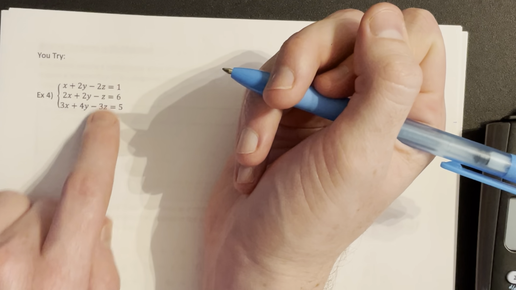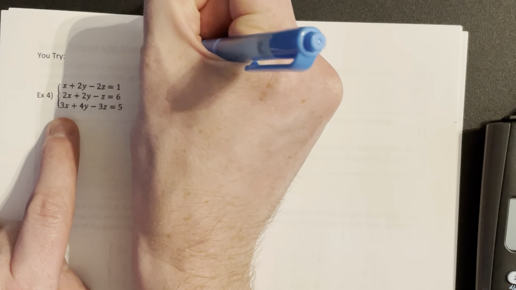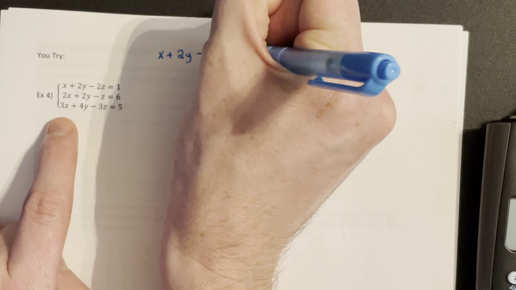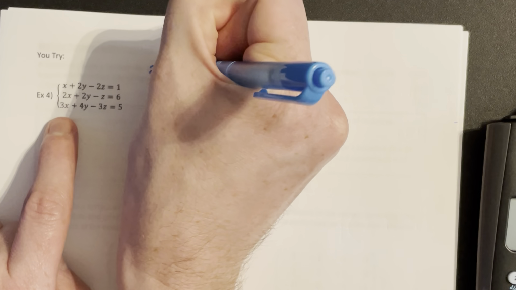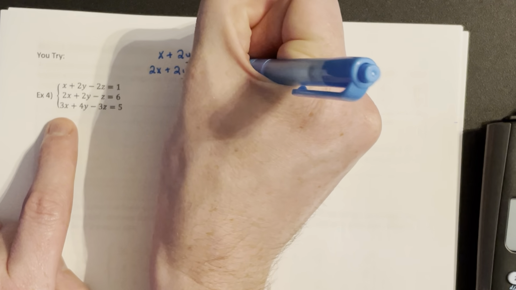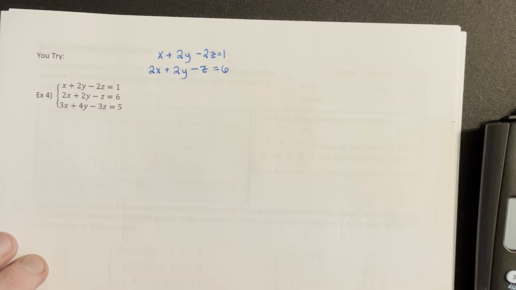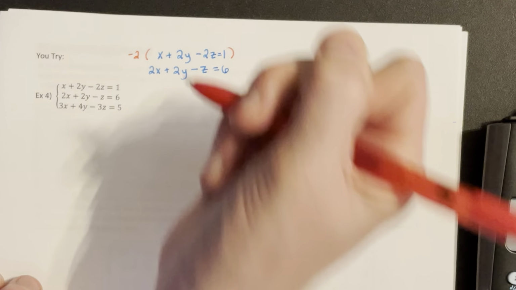I used these last time, so this time I'm going to choose an example with the x's. So x plus 2y minus 2z equals 1, and 2x plus 2y minus z equals 6. If I eliminate the x's, I need to multiply by a -2 on top.